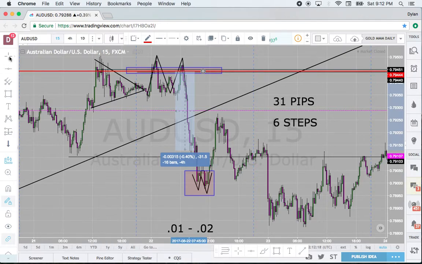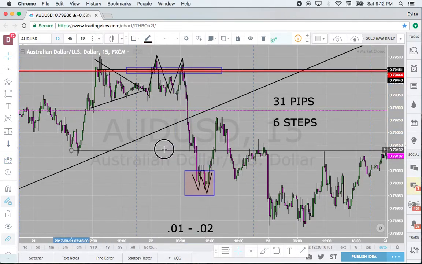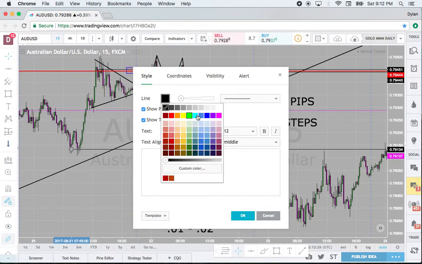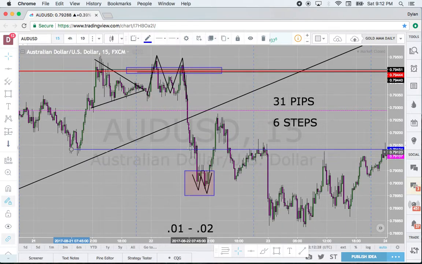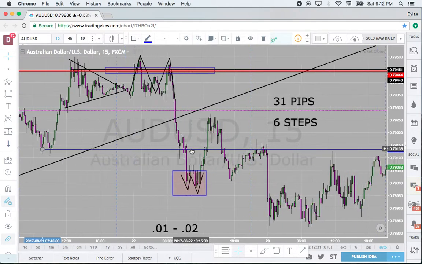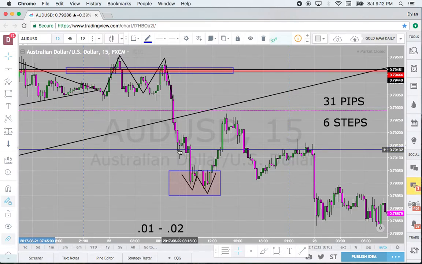So right about here, the stop loss was automatically moved to break even once price hit this area, once price moved into 31 pips of profit. Okay. Price then went down 15 pips.